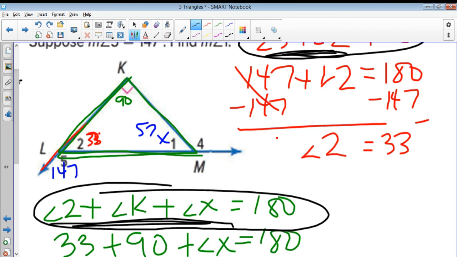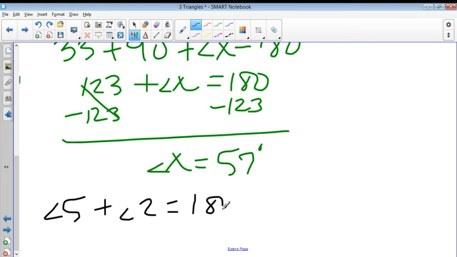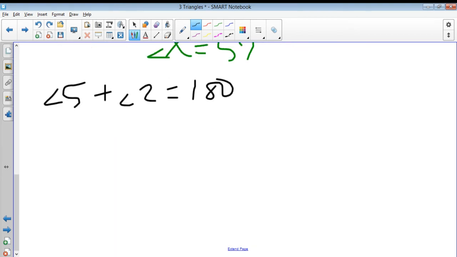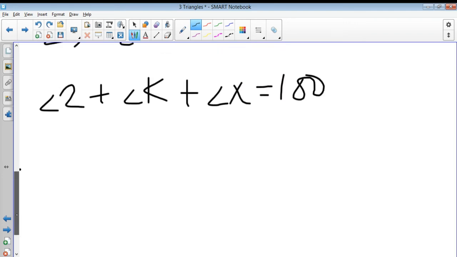So if we rewrite the statements, it's angle 5 plus angle 2 equals 180, right? That's our supplementary pair or our linear pair. And then it's angle 2 plus angle k, this is our 90 degree angle, plus angle x, or angle 1, equals 180. Well, then we can just set these equal to each other, and let's see what we come up with.